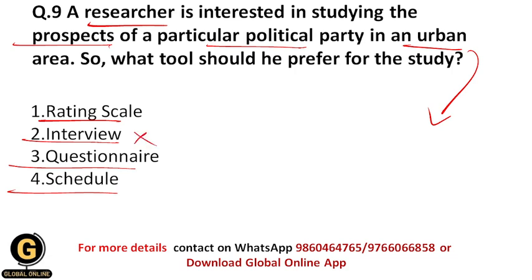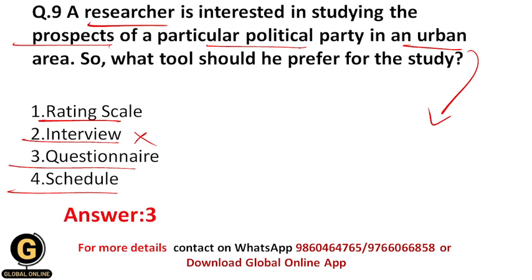So the interview option gets eliminated because it will take lots of time for the researcher. Urban areas include people who are majorly literate, and that's why they can answer the questions the researcher asks through online media such as internet and email. That's why here the researcher will follow the questionnaire tool.